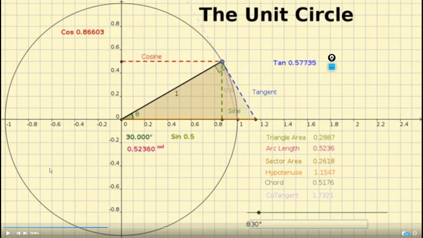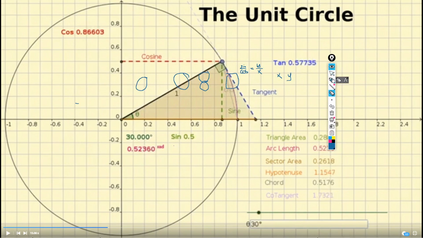Perfect. Okay, so here's 30 degrees. If this is 30 degrees, between 0 and 90, what do I have left? Actually, I'm going to come back to this. I think this will make more sense contextually if I talk about something else first. Sorry to start this. I'm going to leave this right here. I'll still talk about 30 degrees.